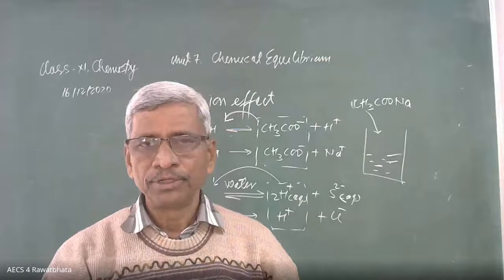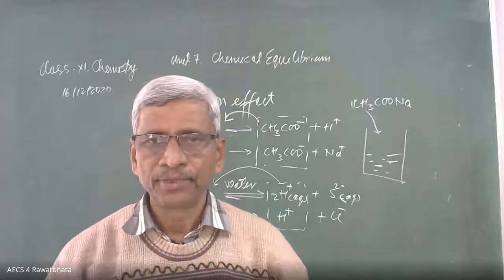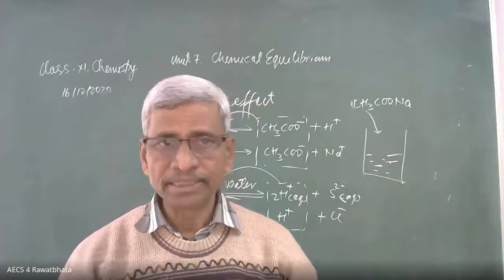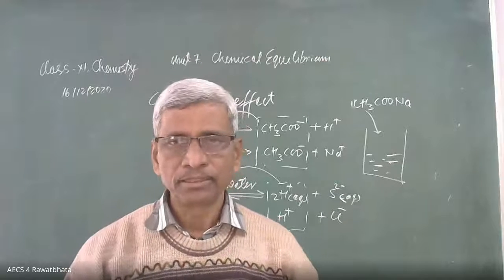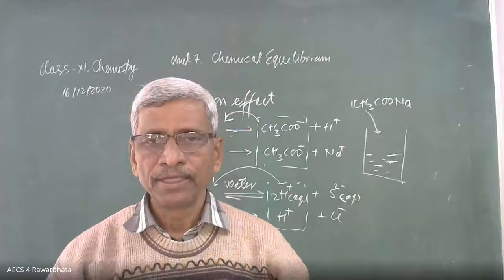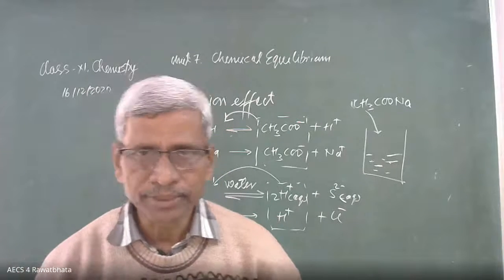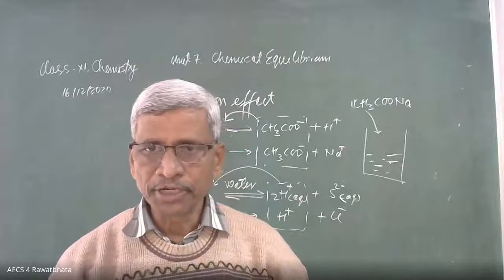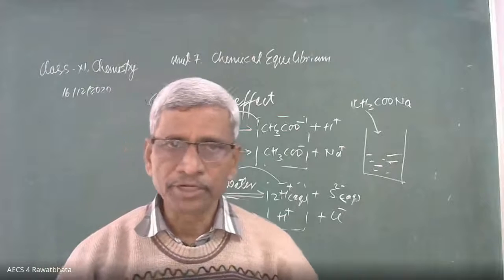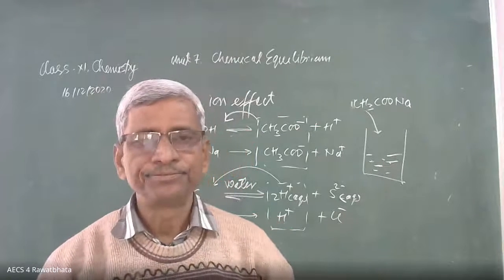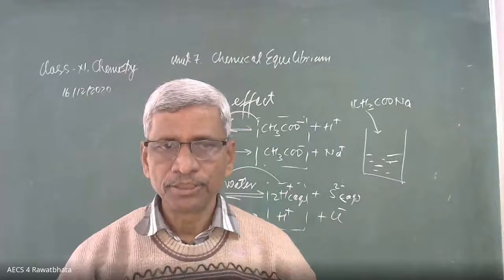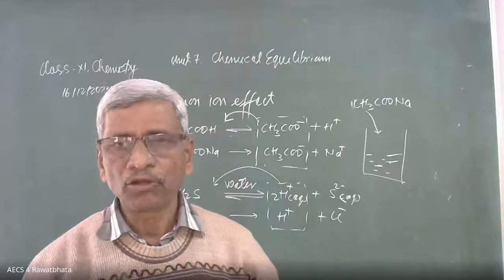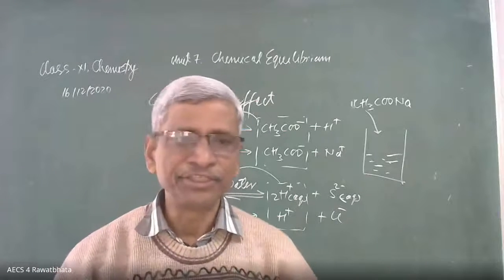Ionization of a weak electrolyte is suppressed, decreased, in its aqueous solution, when a strong electrolyte is added to the solution having a common ion. This is the definition part.